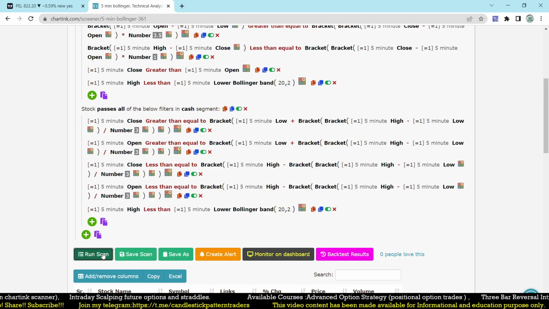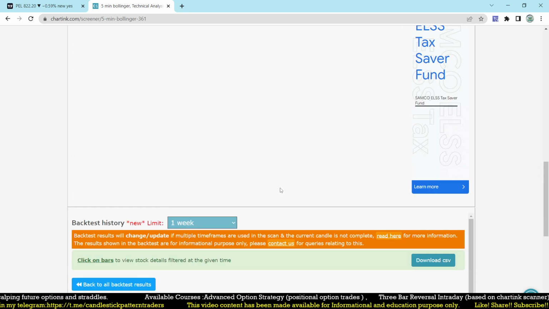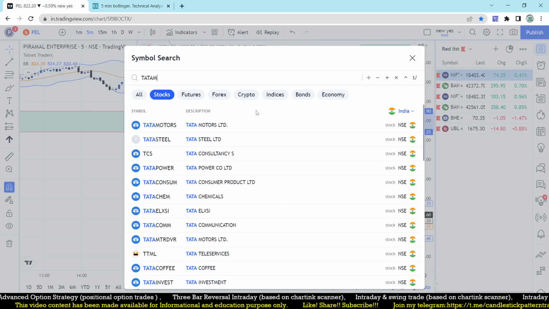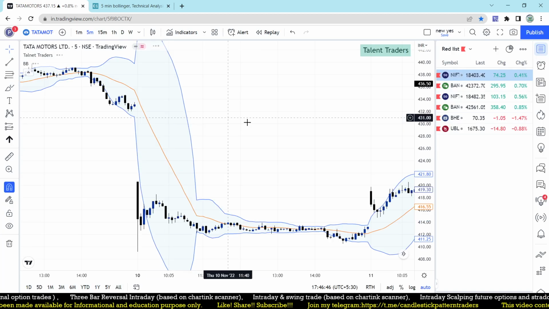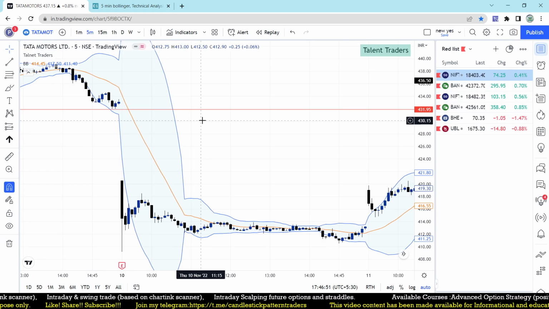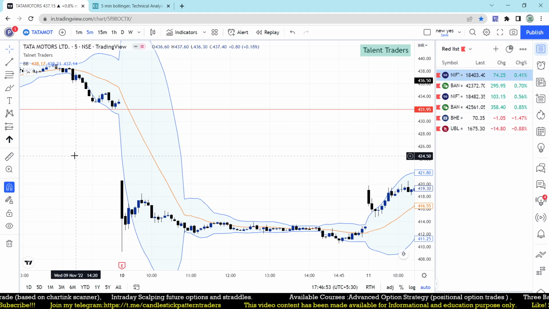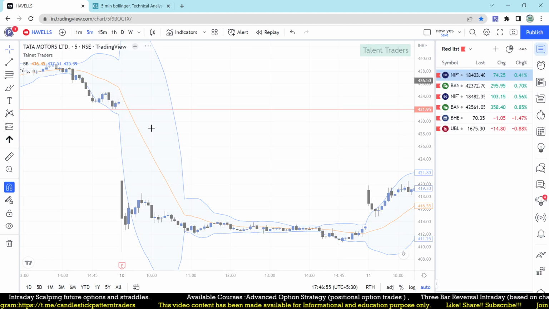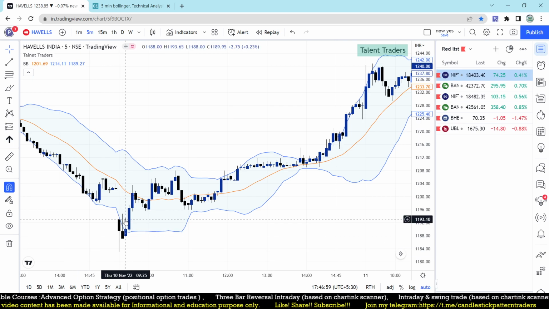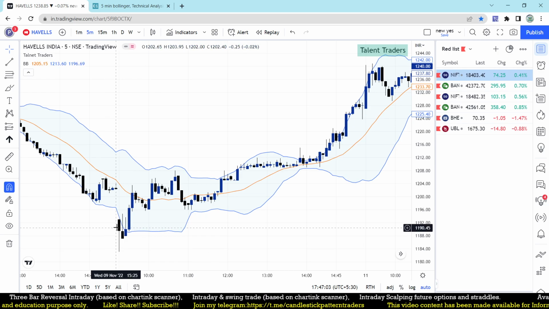Then let me check some other stocks: Tata Motors and Havells. Havells. There is a big recovery from that one.